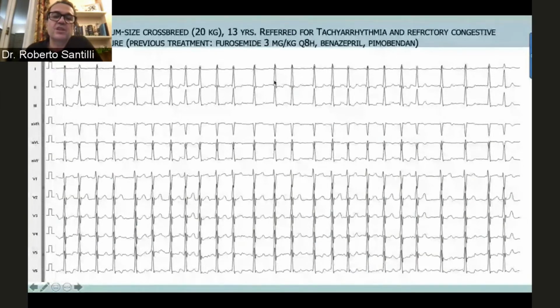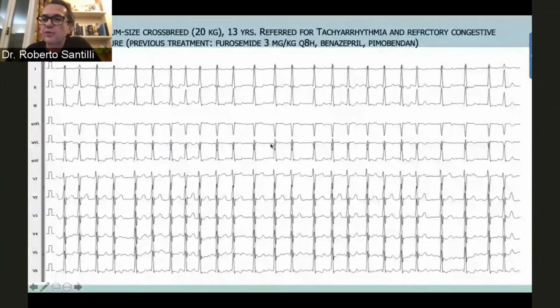Long-standing for a human is 1 year. For a dog, we don't know yet, but probably around 4 to 5, maximum 6 months of fibrillation. So the interatrial septum is fibrillating. Then I want to look at the left atrium, and I look in AVL.